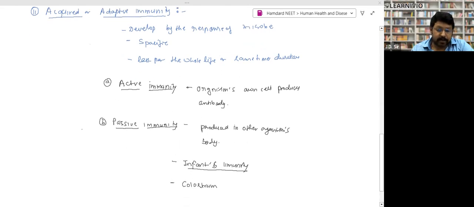First, active immunity. Active immunity is when the organism's own cells produce antibodies. Suppose I have got a bacterial infection for the first time. I'll feel fever, weakness, some pain in liver, heart, and many body parts because of that infection.